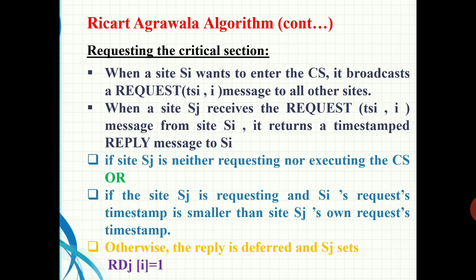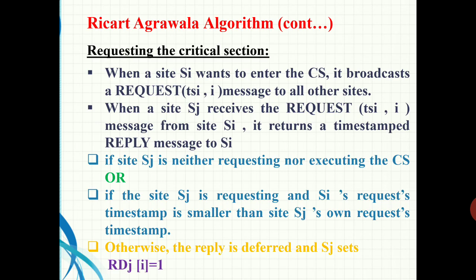If the timestamp of the requesting process is smaller compared to its own timestamp, then we will give the reply message. Otherwise, we will defer the reply. That is the idea. If the requesting process has a higher or larger timestamp, then we will not send any reply message to it.